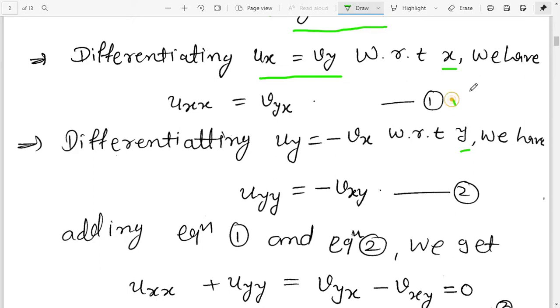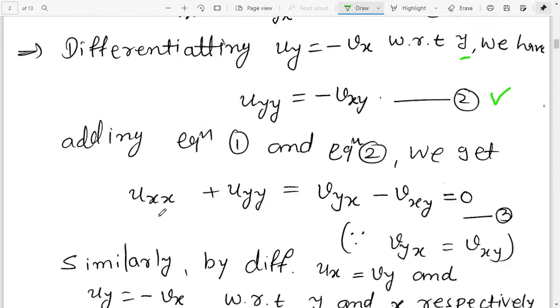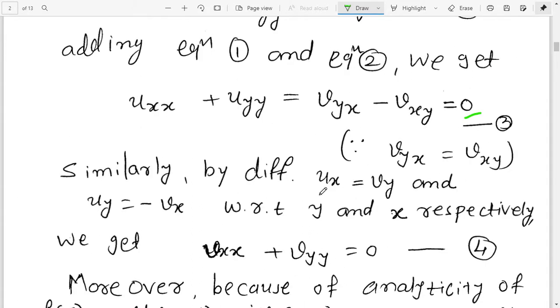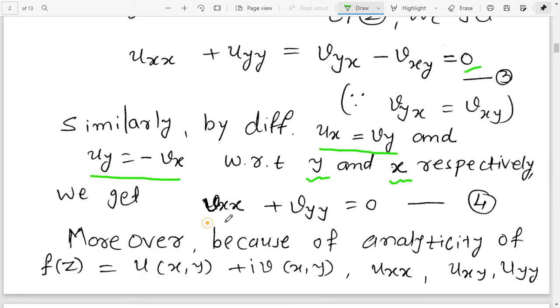Now adding equations 1 and 2, we get uxx plus uyy is equal to vyx minus vxy. Both are equal, so this is equal to 0. Similarly, by differentiating ux is equal to vy and uy is equal to minus vx with respect to y and x respectively, we get vxx plus vyy is equal to 0.